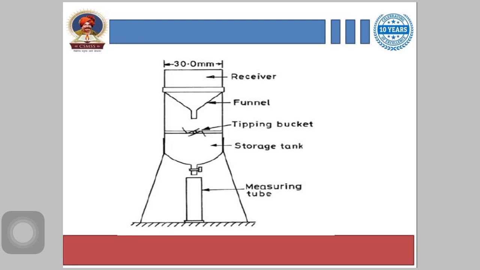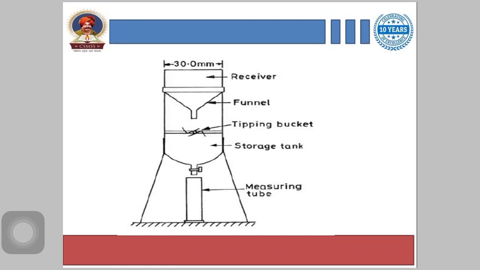First, there is a sharp edge receiver at the top, and next is the funnel, and the tipping bucket is provided in the center, the storage tank is provided below the tipping bucket, and the measuring tube is provided at the bottom.